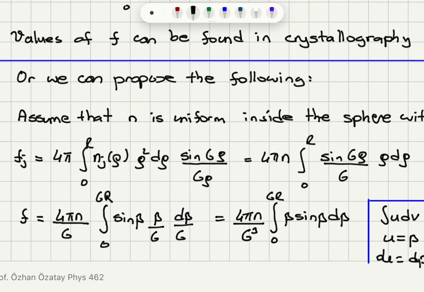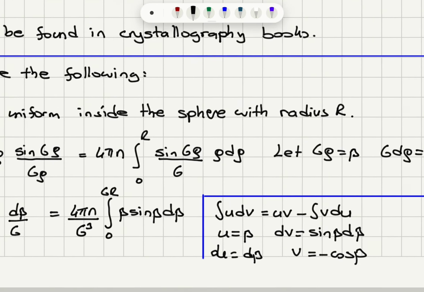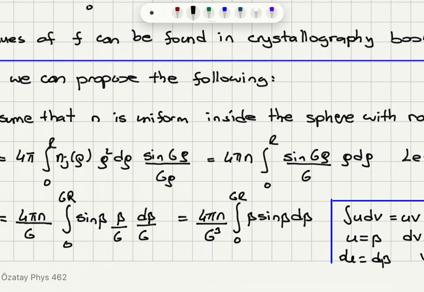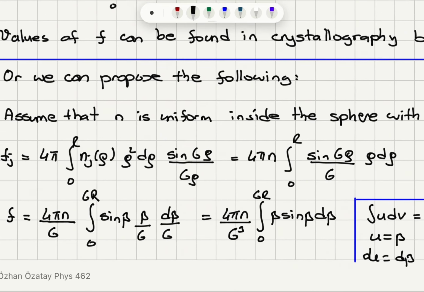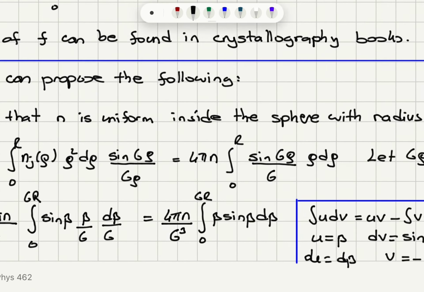Then I have integral from 0 to, because I'm turning from rho to g rho, when rho is equal to r, beta is equal to g capital R, so it's integral from 0 to gR, sine beta, beta over g, d beta over g. Therefore I get a g cubed in the denominator, 4 pi n divided by g cubed, integral from 0 to gR of beta sine beta d beta.